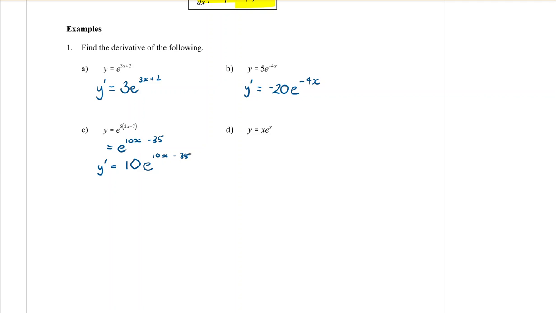If you have got an x term multiplied by another x term, you must use a product rule. So we have a formula for that, which was our VUV. Remember VUV? So we need to have a u and a v. So I always make u the first x expression, the first term, which is x.